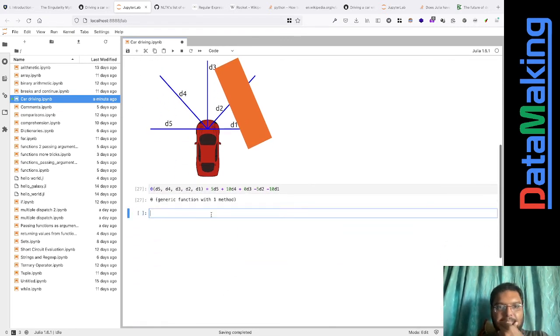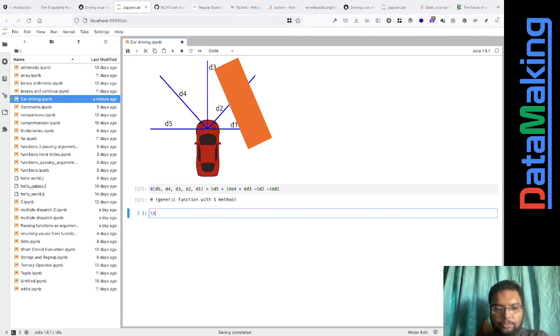Let's say D5 and D4 are 5 meters. D5 is 5 meters, D4 is let's say 7 meters.